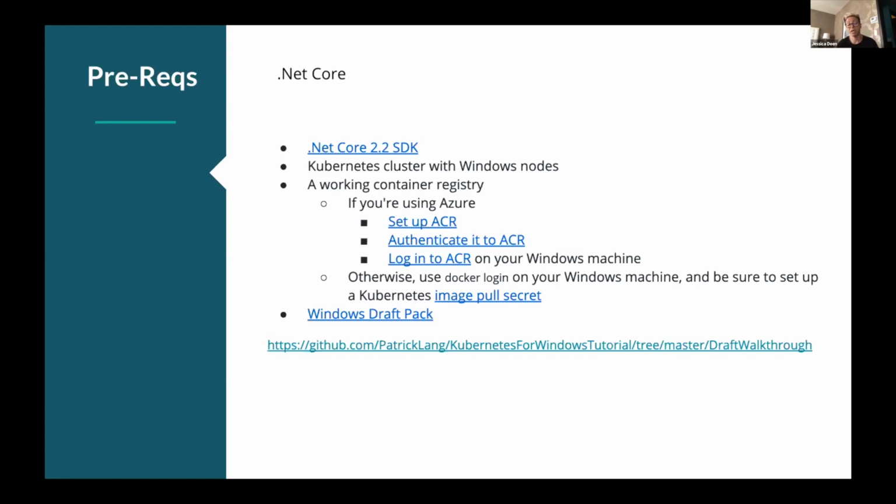And then you can also log into ACR on your Windows machine to make sure you can plug and play. Otherwise, if you're not using Azure, then you're going to want to use Docker login on your Windows machine and then set up a Kubernetes pull secret. Setting up that managed identity authentication between ACR and AKS is specific to ACR and AKS.